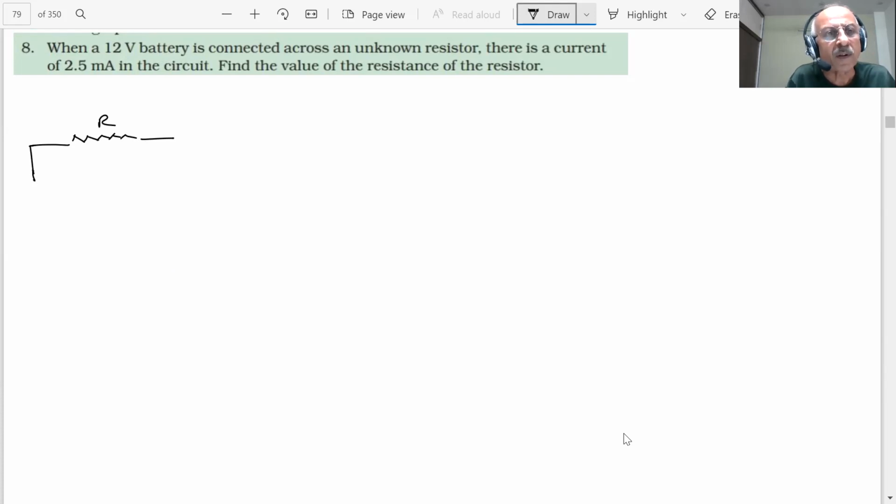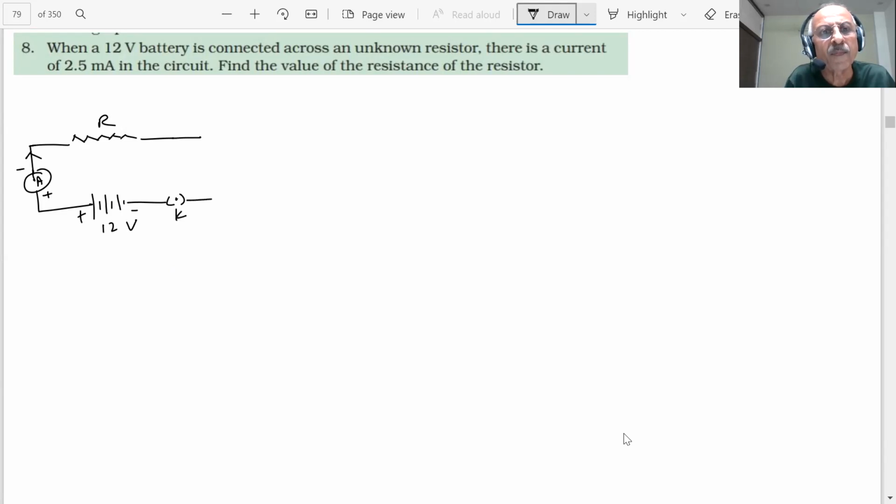A 12-volt battery. Okay, this is my ammeter, students. 12 volt is connected across an unknown resistance R. This will be plus, this will be minus. The current will flow through the circuit, student.